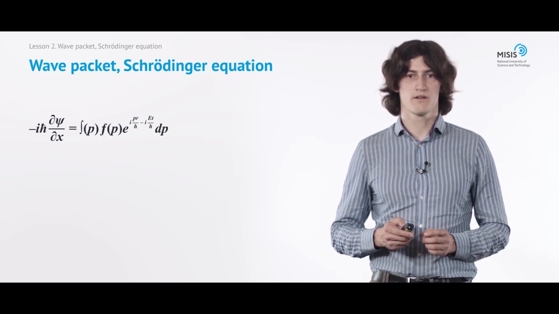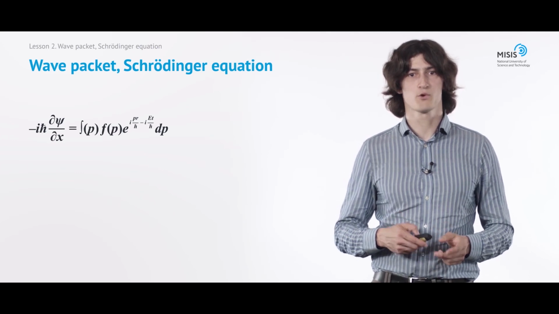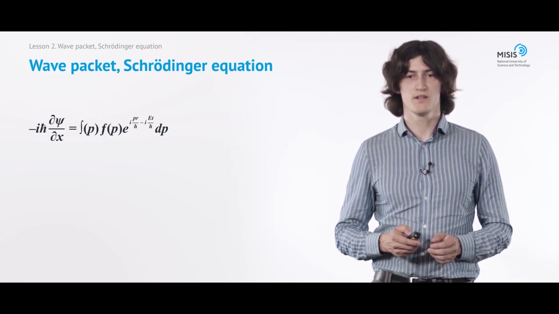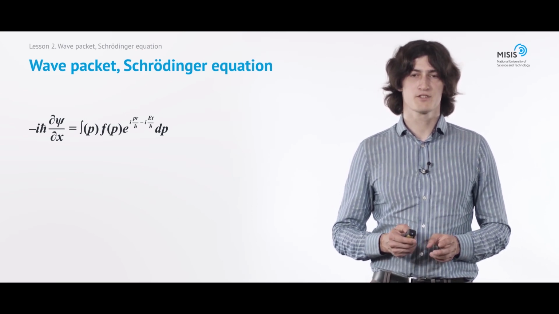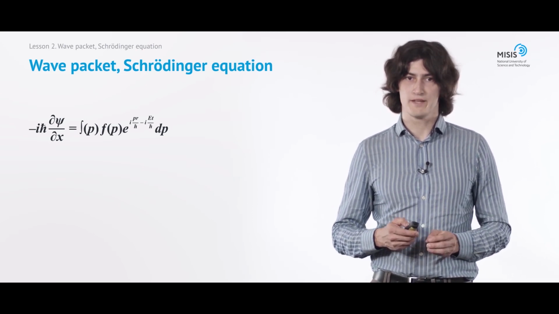Differentiating the wave packet with respect to coordinate and multiplying it by factor minus i h bar, we get a factor P, which is the momentum.